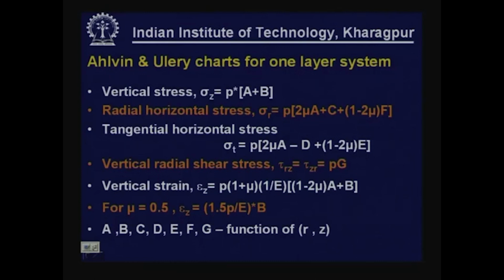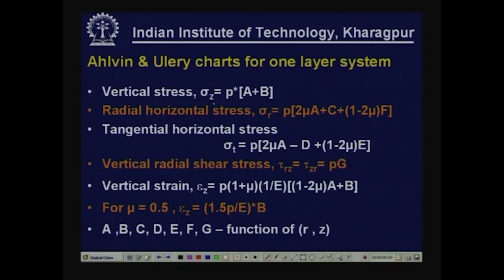As you can see here, all these parameters sigma z, sigma t, sigma r are a function of P that is applied and some coefficients A, B, C, F, D and so on, G. So, obviously, we have to find out for a given system what are the coefficients A, B, C, D and so on to be adopted.